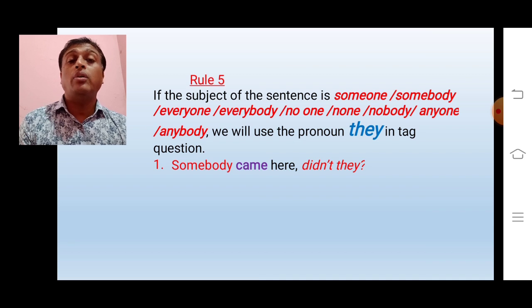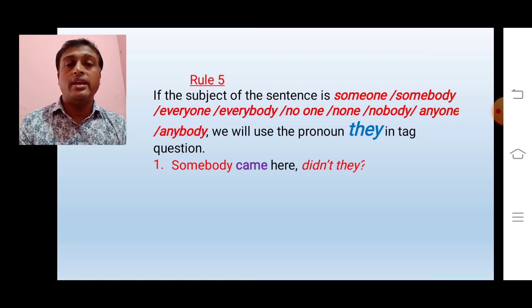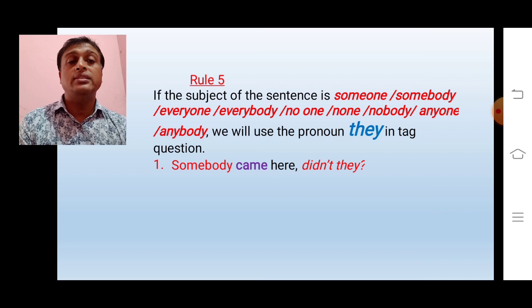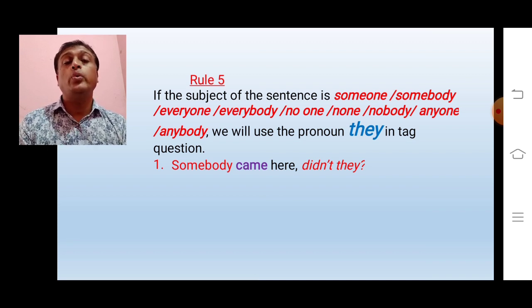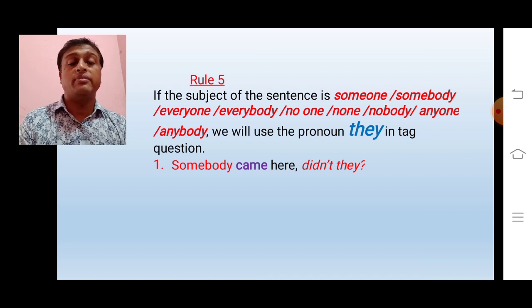What is the answer of this sentence? Somebody came here. This is an assertive sentence, and this sentence is a positive sentence. So, according to the structure of assertive sentence, at first we will write auxiliary verb, but there is no auxiliary verb in this sentence. Here verb is came. Came is verb 2.